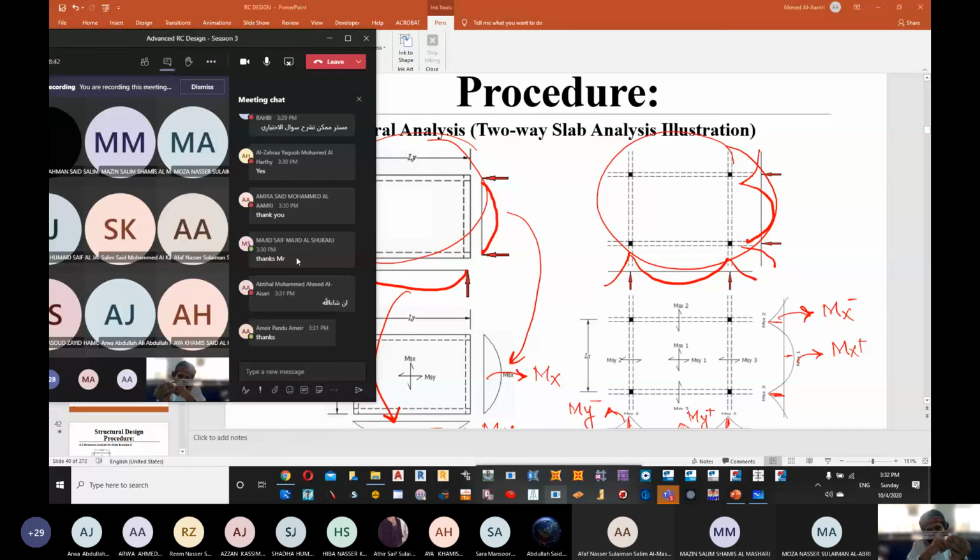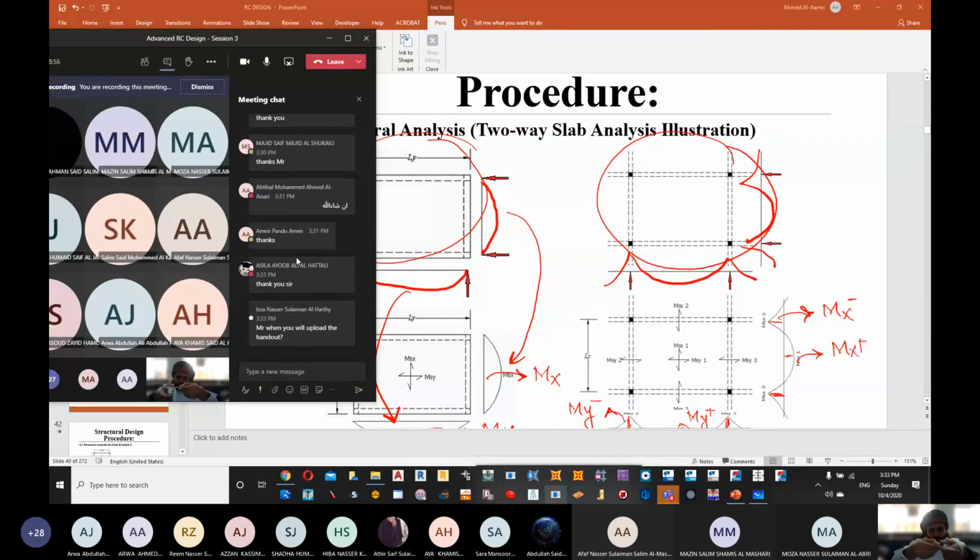For a one-way slab, the long direction divided by the short direction is more than 2. This ruler can be bent in one direction. You can bend it in this direction, but you cannot bend it in the other direction. Are we fine? Yes, sir. So 1 direction for one-way and 2 directions for a two-way slab.